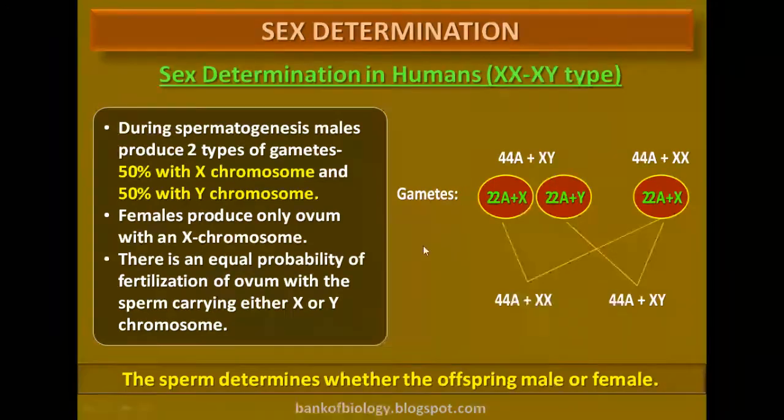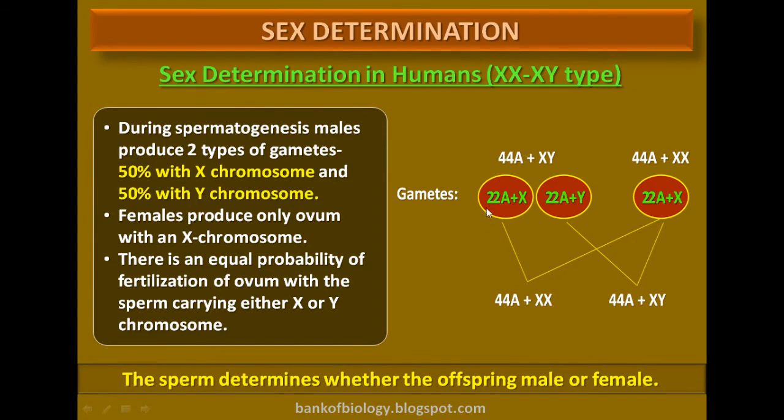So in gametes, we will have 22 autosomes plus X and 22 autosomes plus Y. So here we find that in males two types of gametes are formed, whereas in females all gametes will be formed as 22 autosomes and an X chromosome, and this gives the gametic constitution of females.